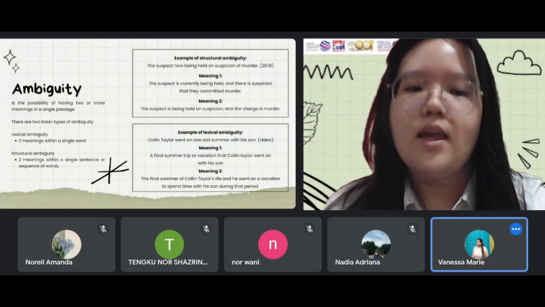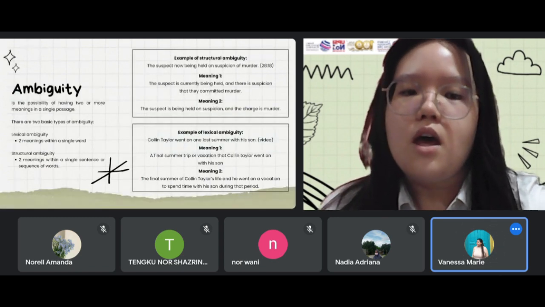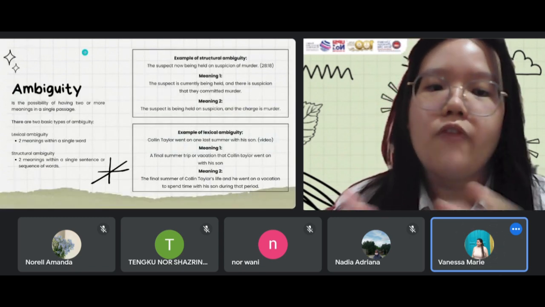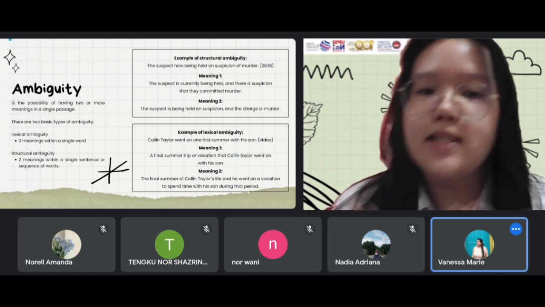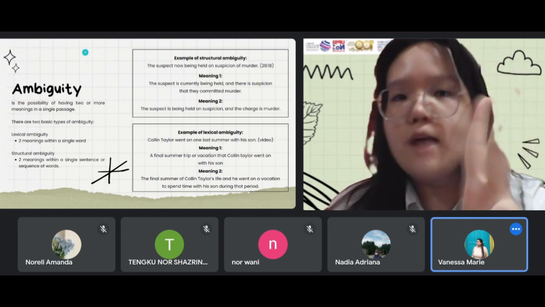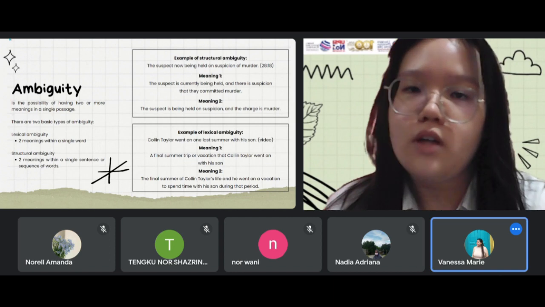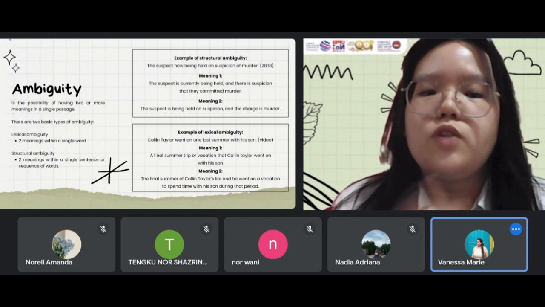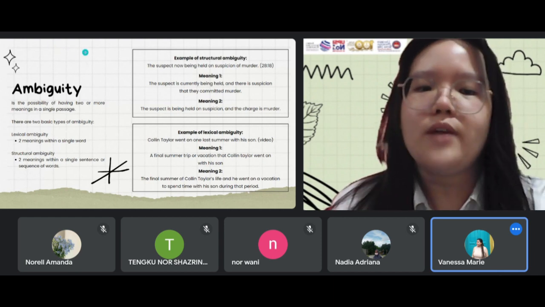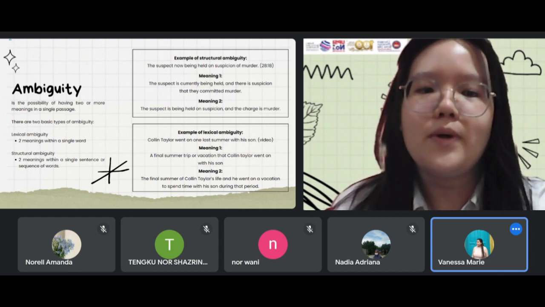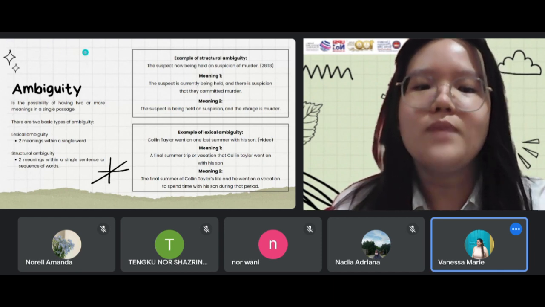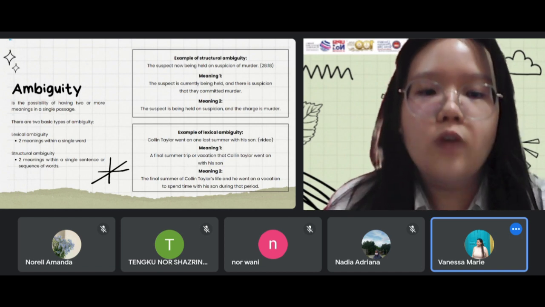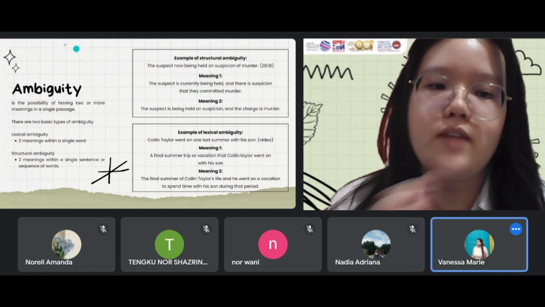Next, ambiguity. Ambiguity is the possibility of having two or more meanings in a single passage. There are two types of ambiguity, which are structural and lexical ambiguity. Lexical ambiguity is two meanings within a single word. Let's take a look at the example of lexical ambiguity. Colin Taylor went on one last summer with his son.